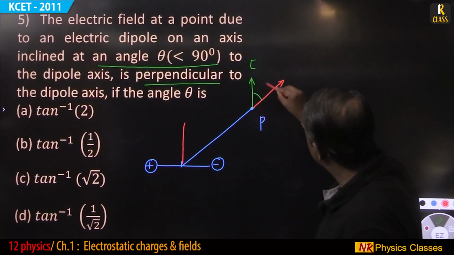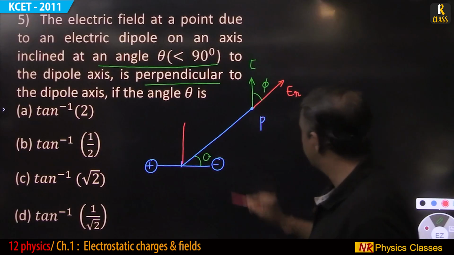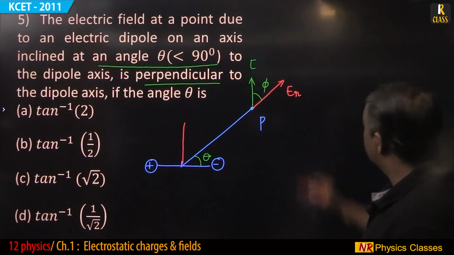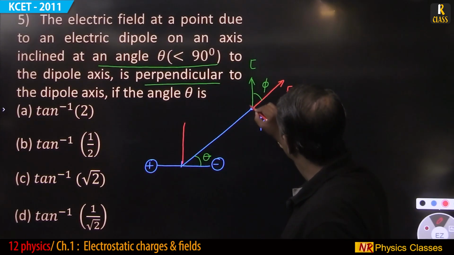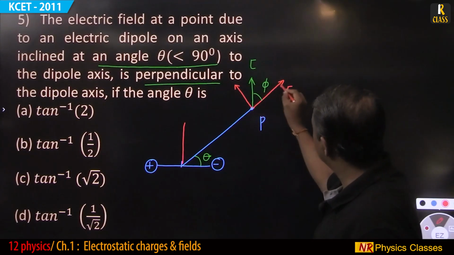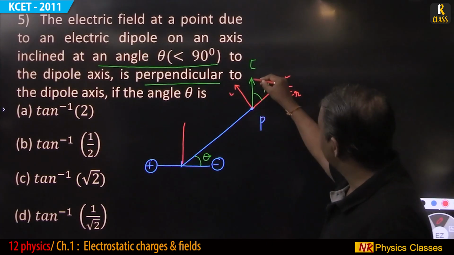And this angle is phi. This angle is theta. Now, this is radial component of electric field. This is transverse component of electric field, perpendicular to this. Resultant of these two gives this. Okay. Resultant of these two is E.